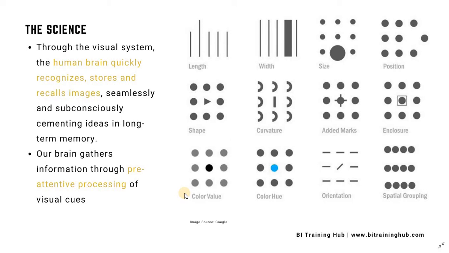Visualization follows some science. Whenever we see things, we see them in patterns. Our human brain quickly recognizes the different patterns, understands what is going out of pattern, and then we can make decisions on the things that are going out of pattern.